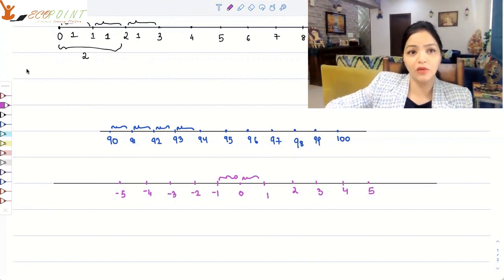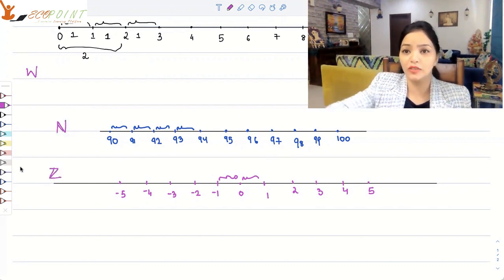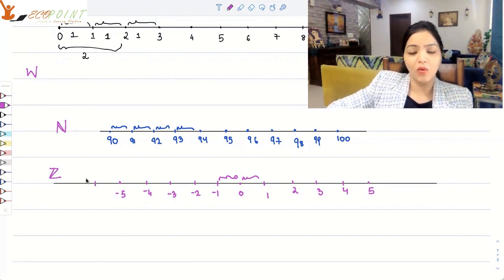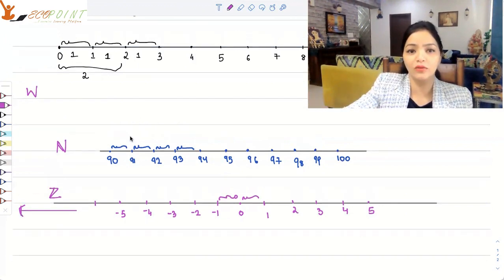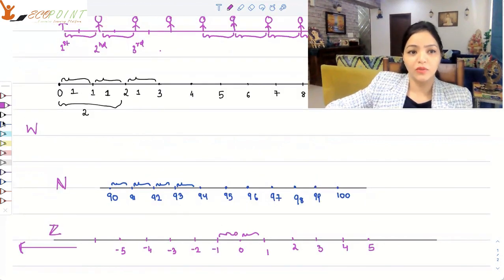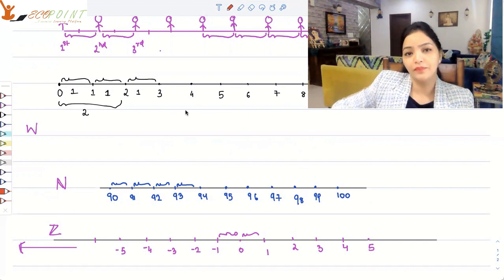So we've spoken about whole numbers being displayed, and natural numbers being displayed. Now we are talking about Z, that is the set of integers. You can display them. All the integers go on and on. What you should realize, whether it is whole numbers, natural numbers, or integers, is that towards the right the numbers are increasing.